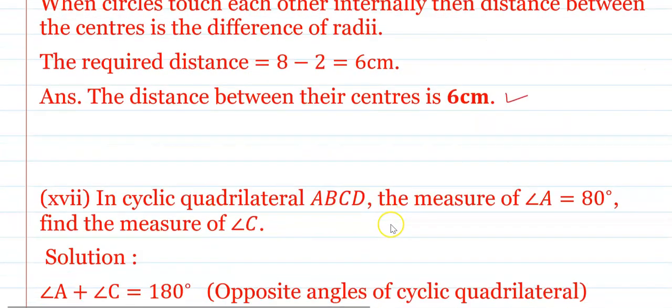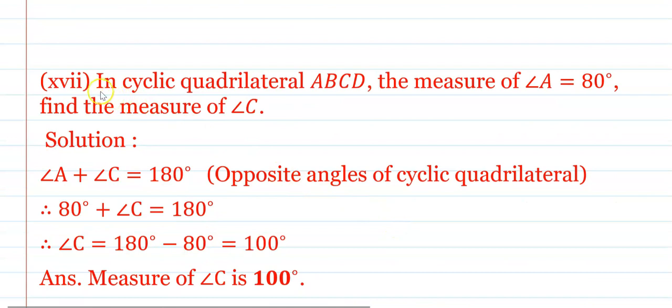Okay. Now the next question. In cyclic quadrilateral ABCD, the measure of angle A is equal to 80 degree. Then find the measure of angle C. Okay. In a cyclic quadrilateral, opposite angles are supplementary, their total is 180.